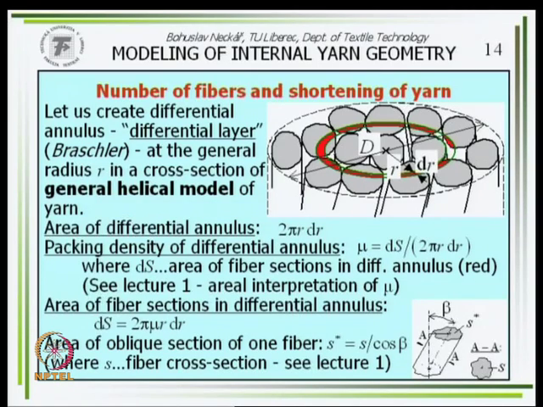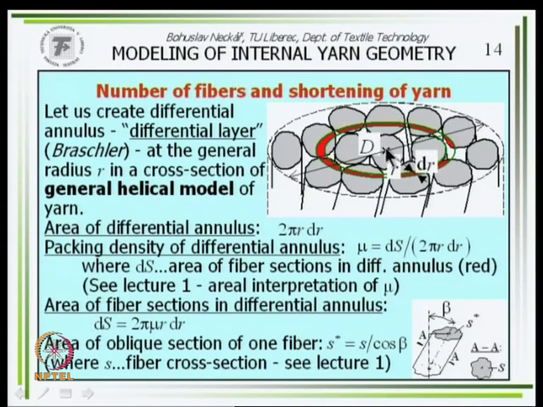So let's imagine some cross section of the yarn. The cross section of the yarn is here. The gray islands here represent the sectional islands of individual fibers. We create two green circles here.